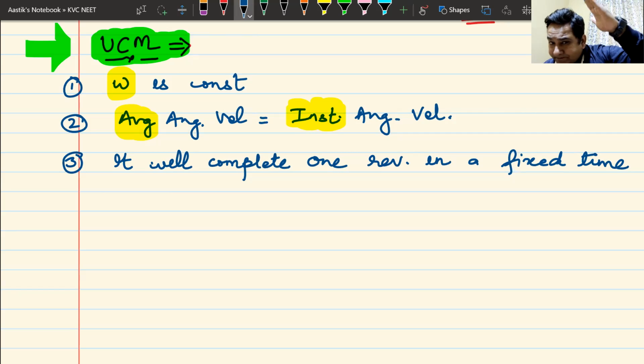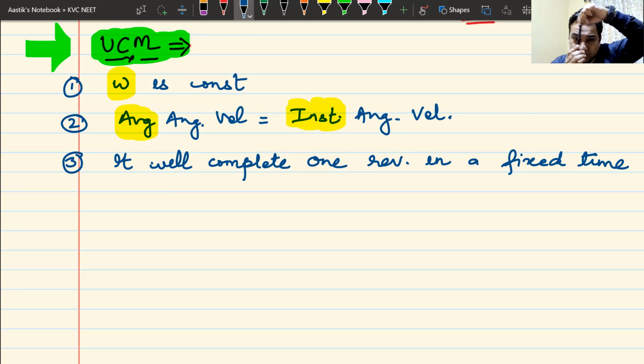In how much time? The second hand completes one revolution in 1 minute. The minute hand completes one revolution in 1 hour. The hour hand completes one revolution in 12 hours.